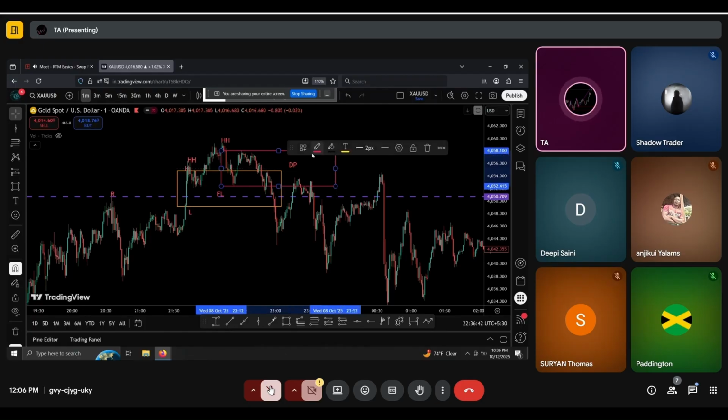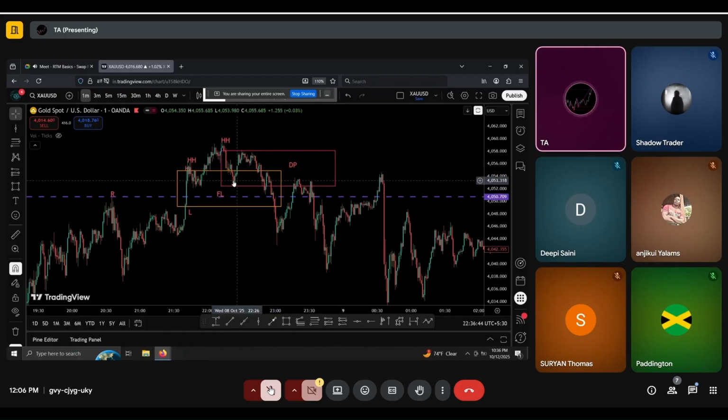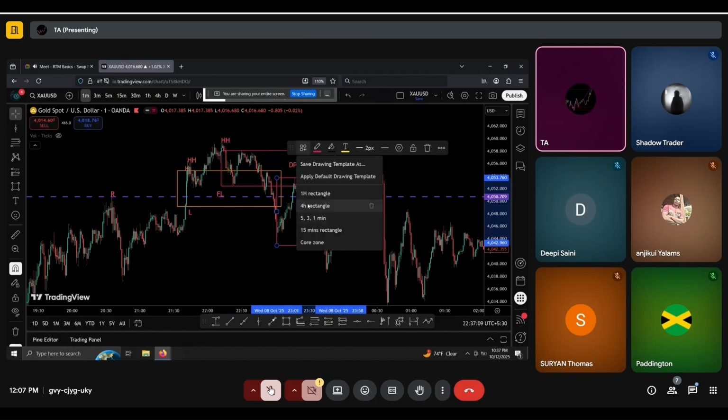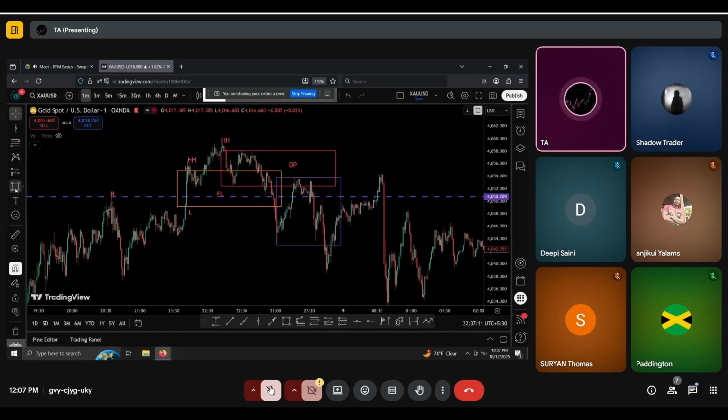If this DP is 0 to 100, and we draw a line and divide it in half, you will see that it goes up, touches the DP, but did not penetrate to around the 50% area of the DP. So what do we call this? We call this the RS.